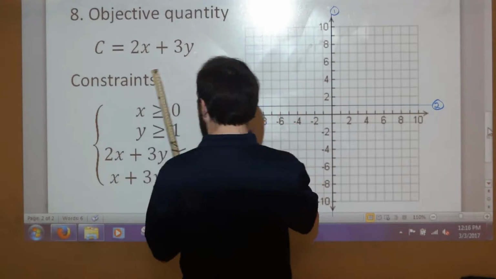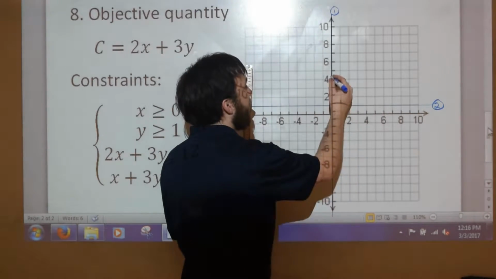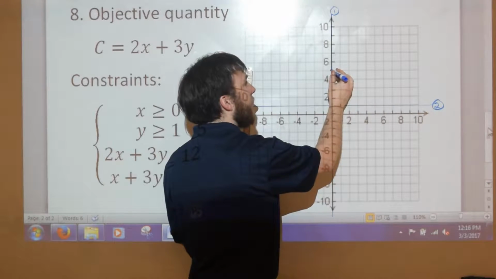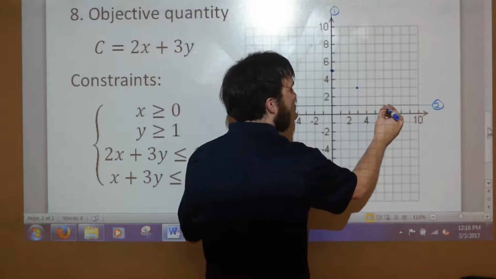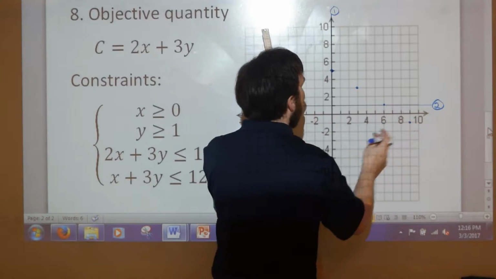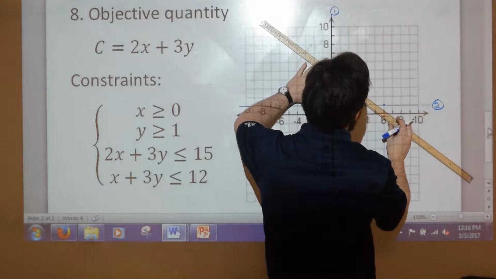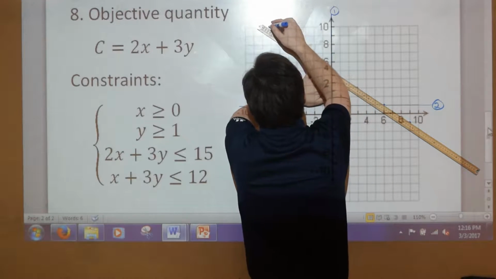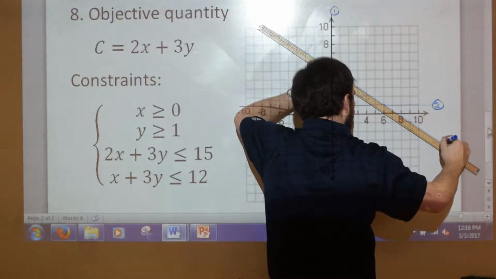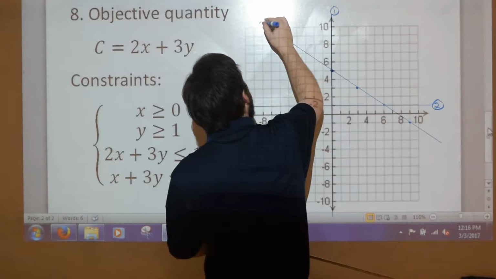That third line had a y-intercept of 5 and a slope of negative 2/3, so down 2, right 3. Let's see, solid line. And that's the third line.